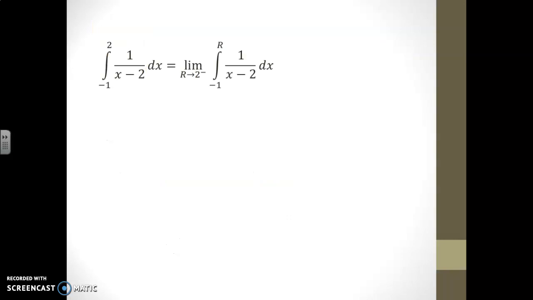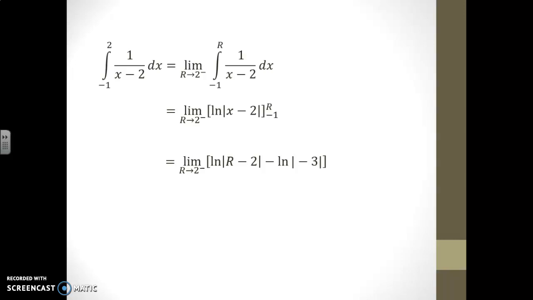Once again, the mechanics of integration stay the same. So an antiderivative for 1 over x minus 2 is ln of the absolute value of x minus 2. The bounds are always applied before the limit is computed. So x is replaced by r, followed by minus 1.